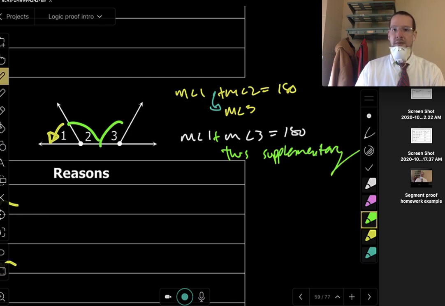So that's really my discussion here. Linear pairs are supplementary, and then I'm going to probably make a substitution.